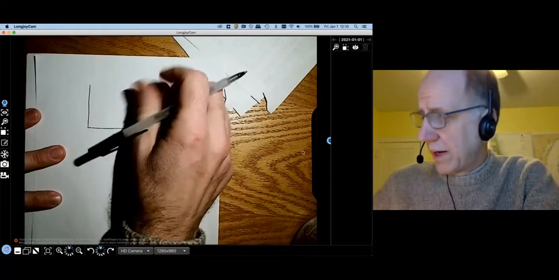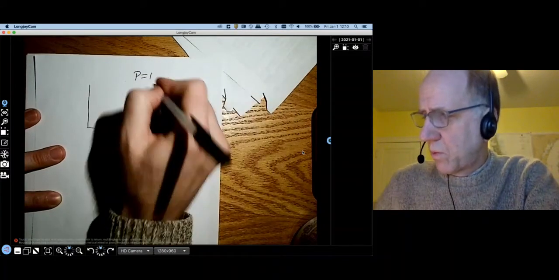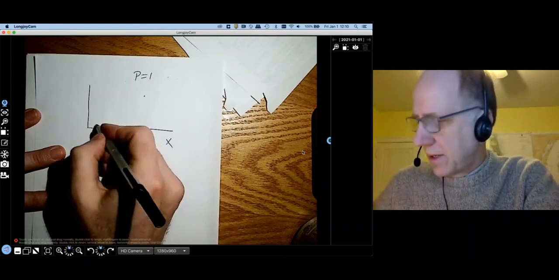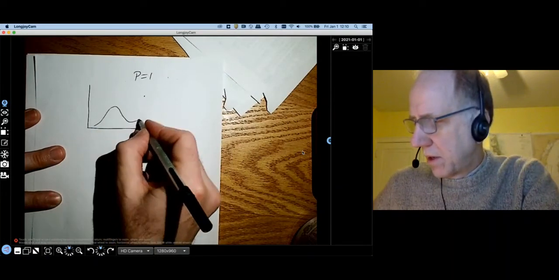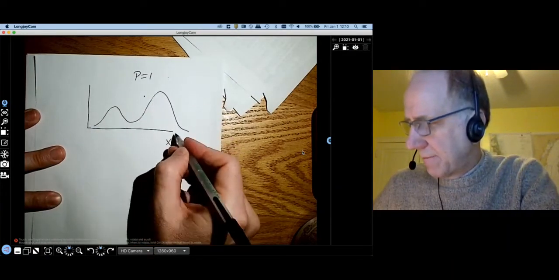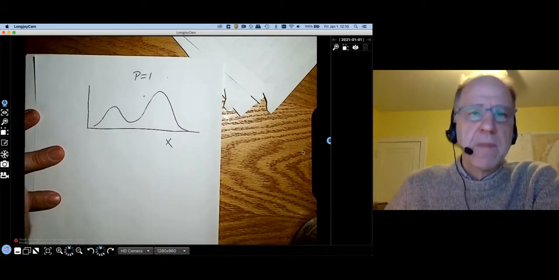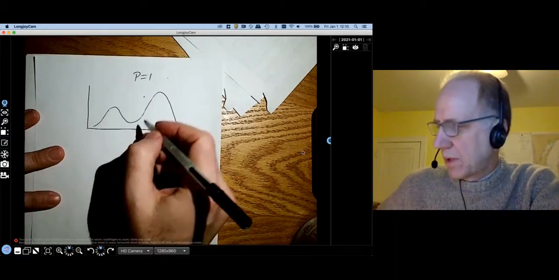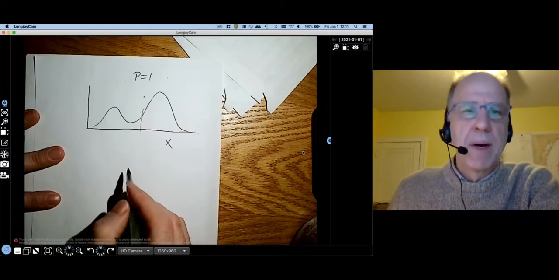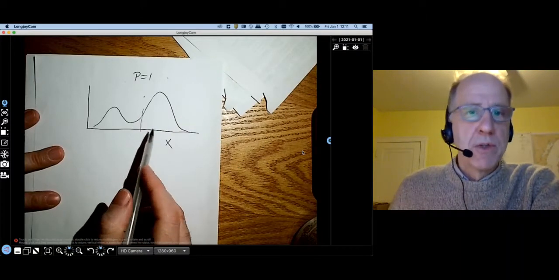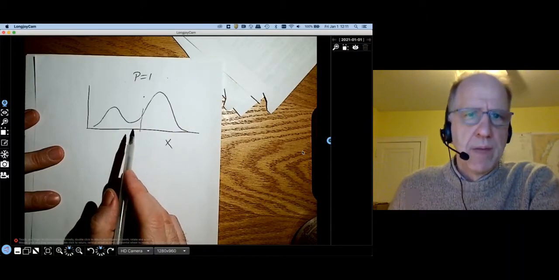Suppose that I have 1 x, so p equals 1, and here is a histogram of my data. If I said, give me one cluster, the one cluster would have a centroid probably about here, and the sum of squared errors would be large.